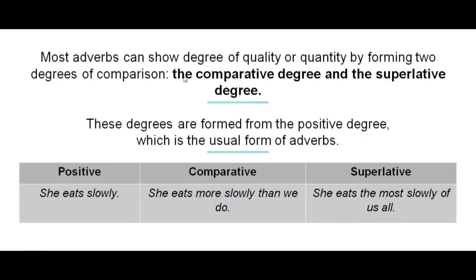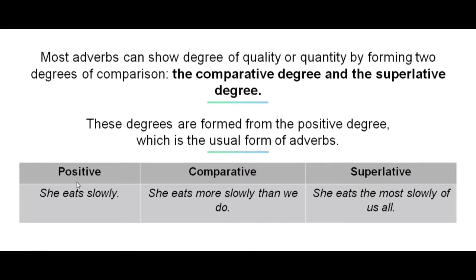Now most adverbs can show degree of quality or quantity by forming two degrees of comparison, the comparative degree and the superlative degree. Now these degrees are formed from the positive degree, which is the usual form of adverbs. Have a look at the examples below.